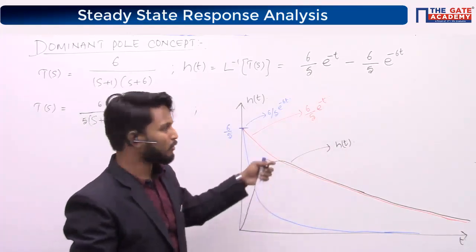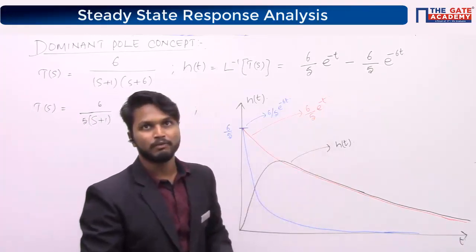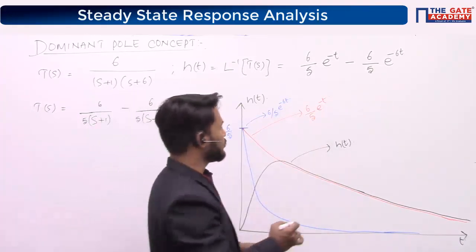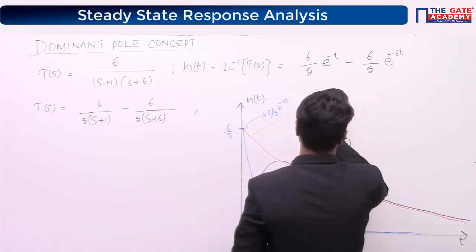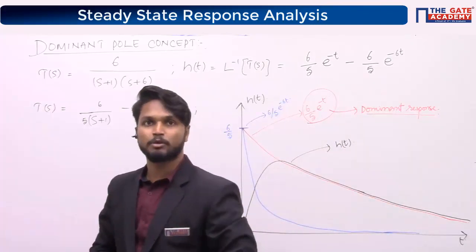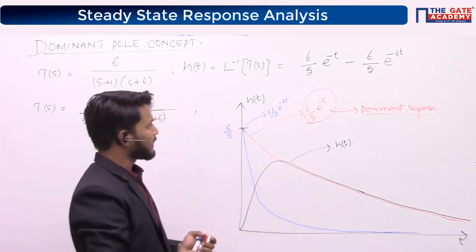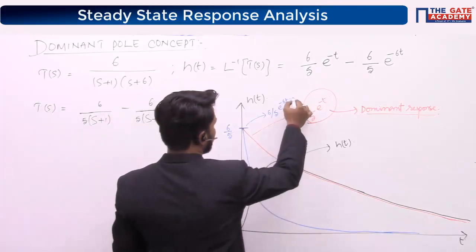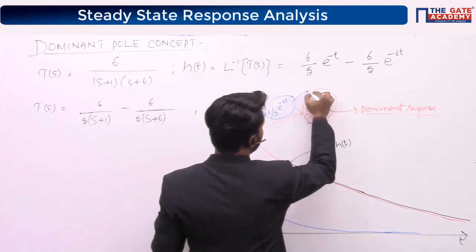Yes or no? The overall response is coinciding with this. That is the reason why you call this the dominant response, the dominant contributor in the response. Is it clear? Whereas this blue one, you can call this insignificant.